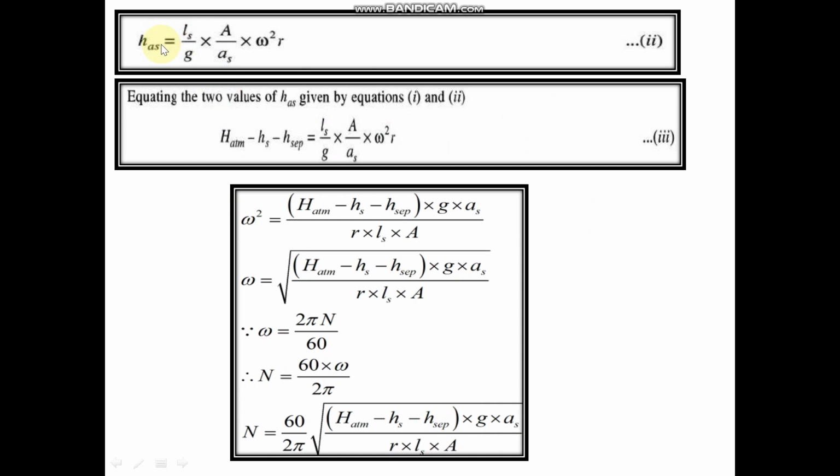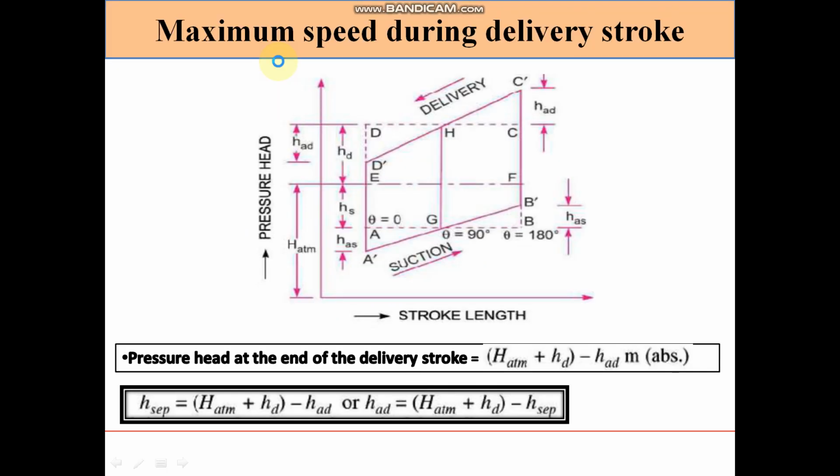We know the acceleration pressure head can also be found from this formula, which is limited to the beginning of suction stroke, where HAS is acceleration pressure head, LS is length of suction pipe, capital A is the cross sectional area of the cylinder, small a s is the cross sectional area of the suction pipe, omega is rotational speed in radians per second, and R is the crank radius.